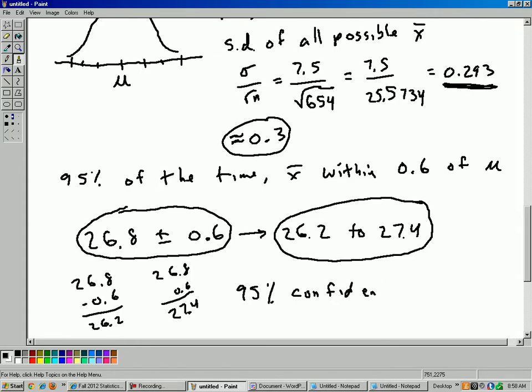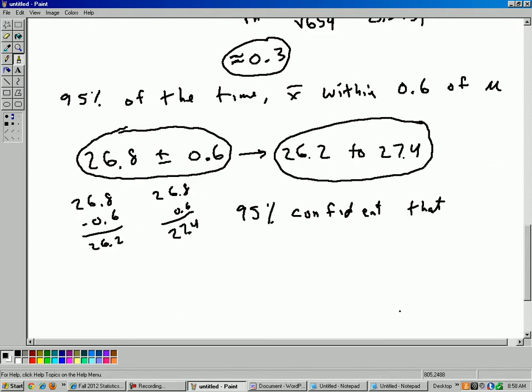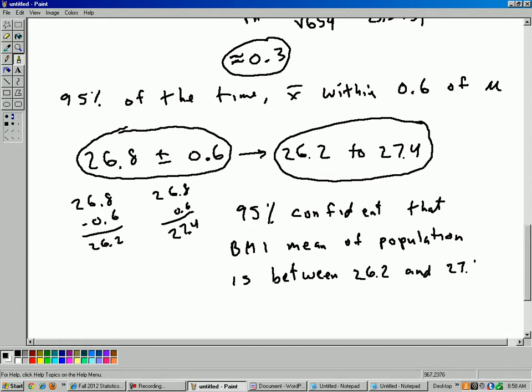Here's our final conclusion here, that the true population mean, the true population body mass index mean of the population, is between 26.2 and 27.4.